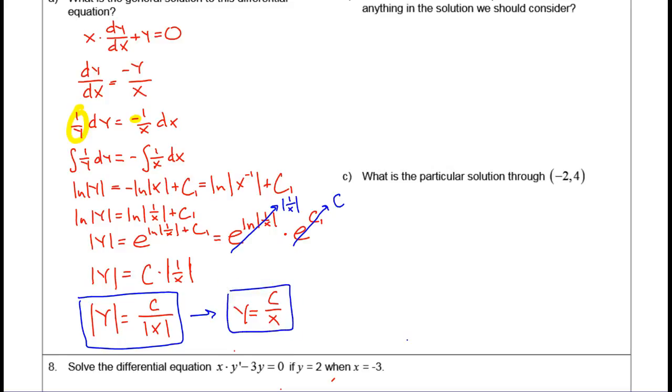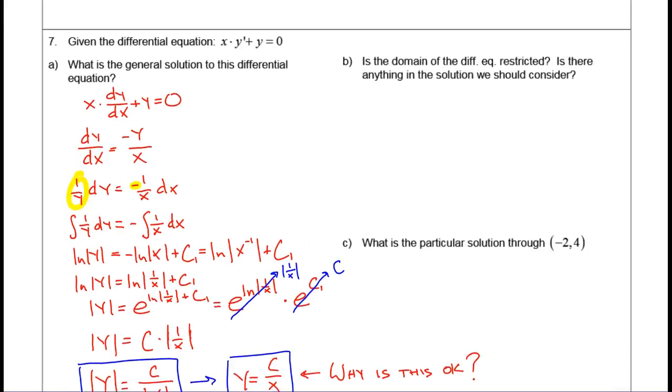And then I want to ask you a question. Why is this okay? Is it okay to just use an eraser and erase absolute value symbols at will? Absolutely not. There's a reason why these two are equivalent, and we'll talk about that in just a second.